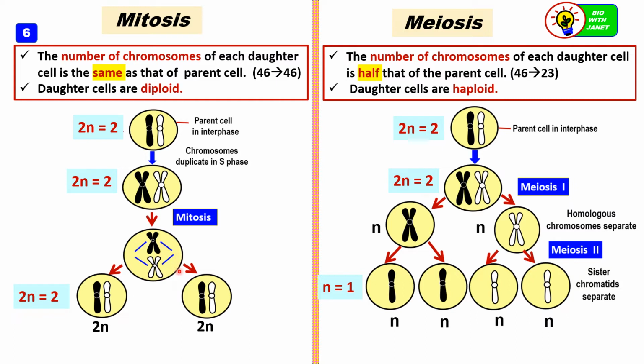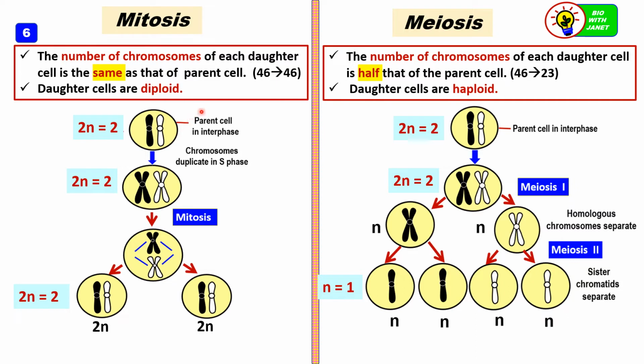So in the end, the daughter cells will be exactly like the parent cell, because each daughter cell receives 1 sister chromatid for each chromosome. So the number of chromosomes of the daughter cell, as you can see here, is 2, just like the parent cell here, okay?